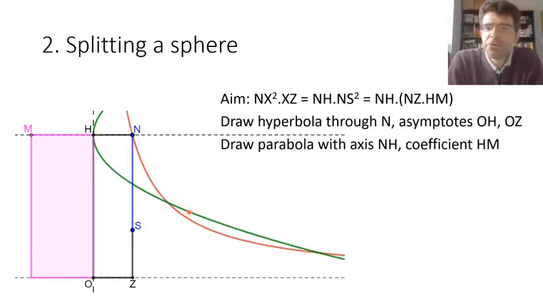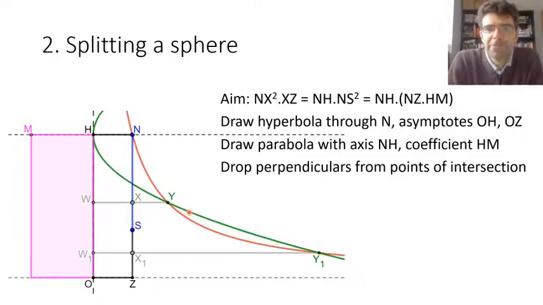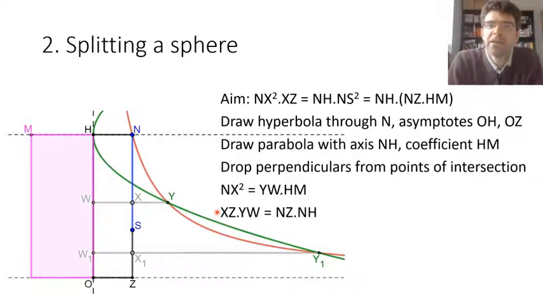Now, suppose that the hyperbola and the parabola meet at Y and drop the perpendicular to NZ and then beyond it to HO. Because Y is on the parabola, we can say NX squared to YW is equal to HM. And since Y is also on the hyperbola, we can say that ZX times YW is equal to NZ times HN.